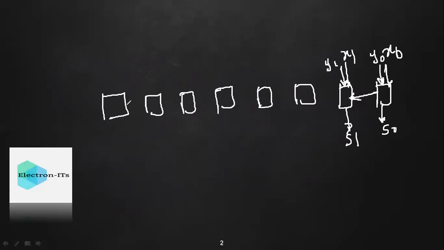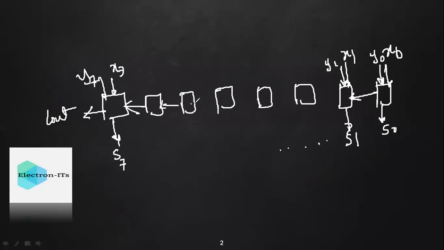Similarly, this is x1 and y1, and it is generating s1, and so on till the last bit. I will not draw everything here, I just want to show you the block diagram representation of this circuit. From S0, S1, it will go up to S7, and from X0, Y0, X1, Y1, it will go up to the last, X7 and Y7, and it will generate C out.